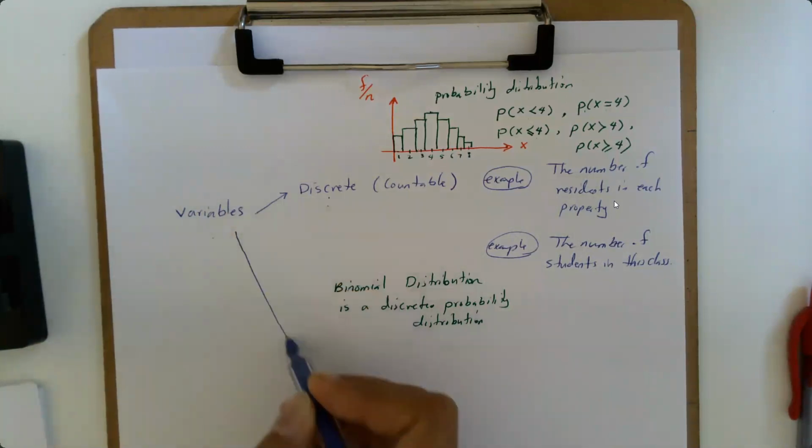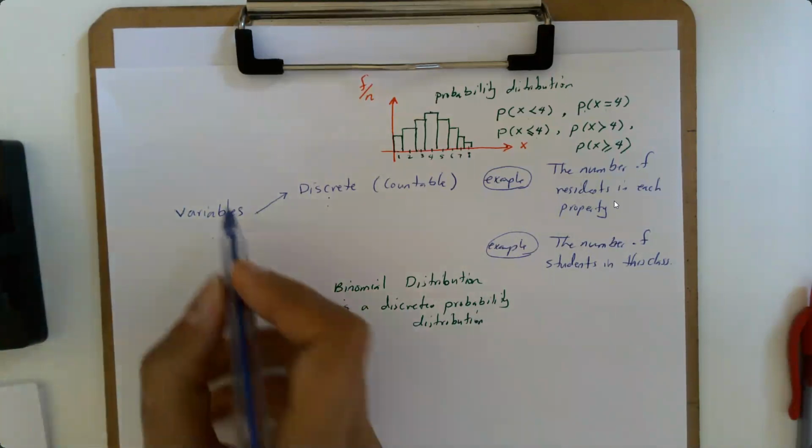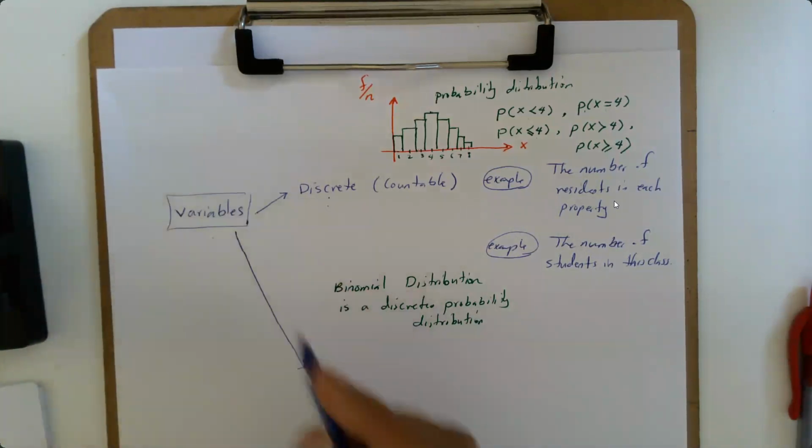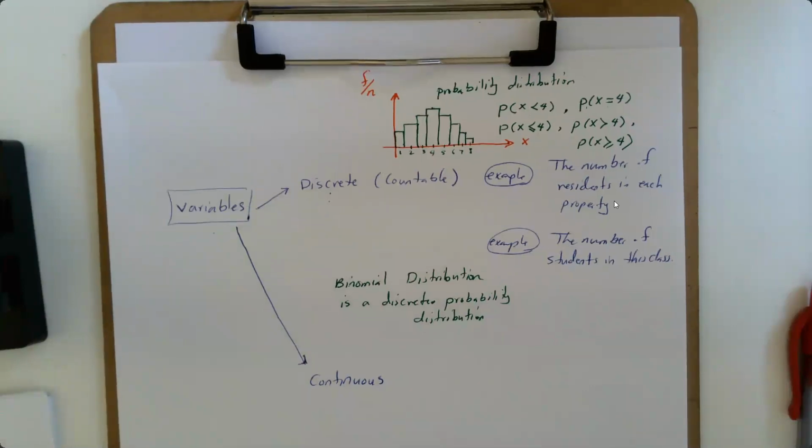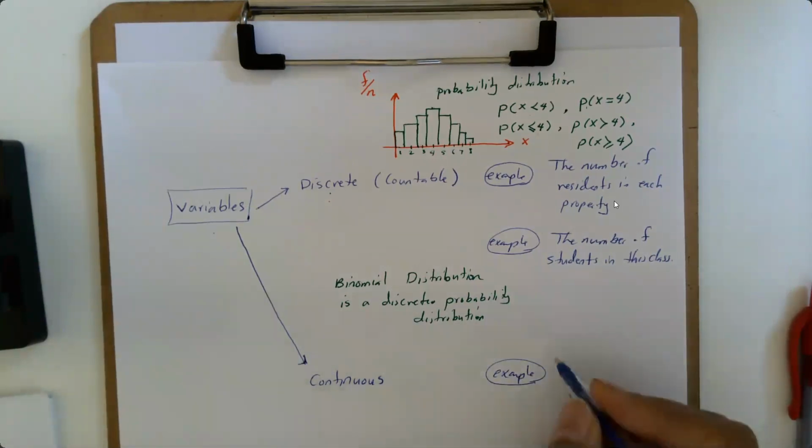If the variable is not discrete, we call it a continuous variable. For example, when you're talking about weight, height, it means that you're dealing with continuous variables.